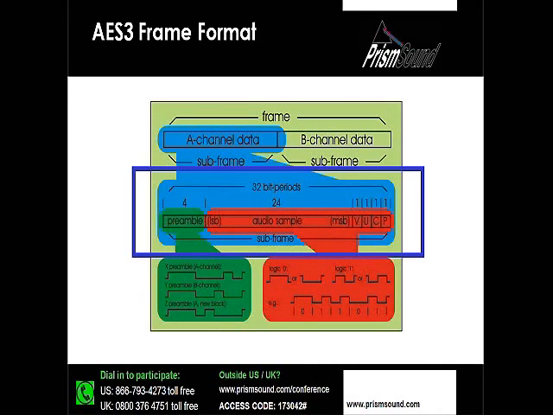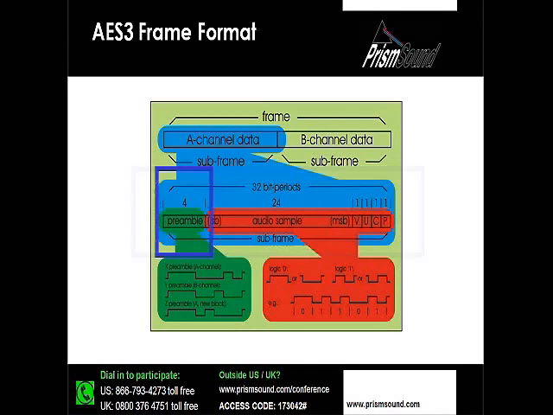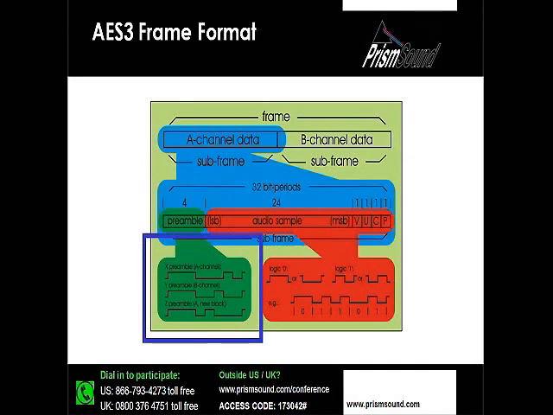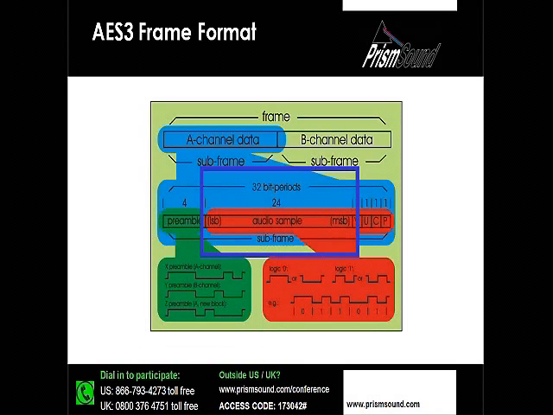So we'll take a look at the A channel data, and now it's comprised of 32-bit periods, of which 4 are a preamble, and this preamble contains what we call an X preamble, a Y preamble, and a Z, and this allows us to identify the A and B channel and something called a new block, which we'll get into later.